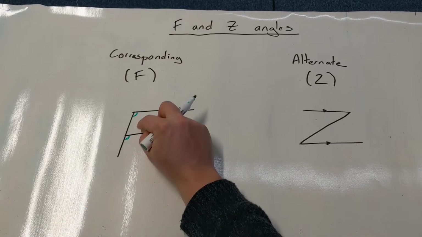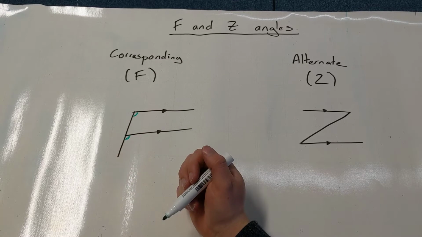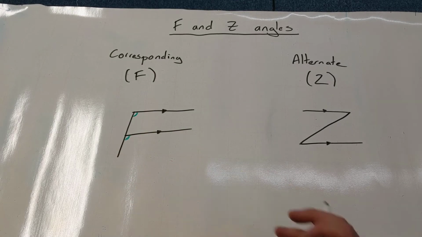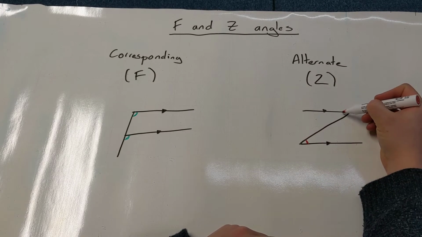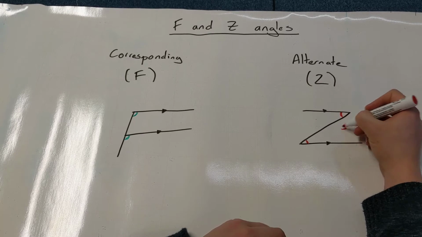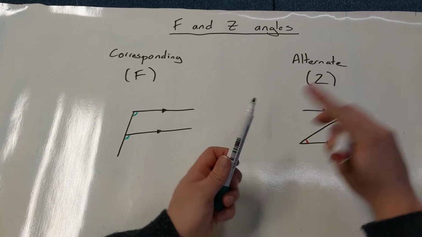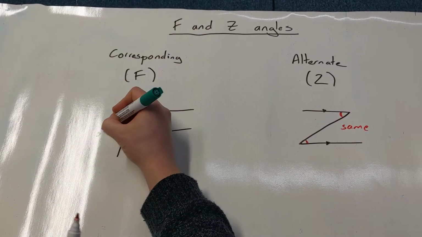So the angles inside the F there are the same as each other. And then in your Z ones, the angles inside the Z, so inside the little pointy bits of the Z, they are also the same. And that's how these work.